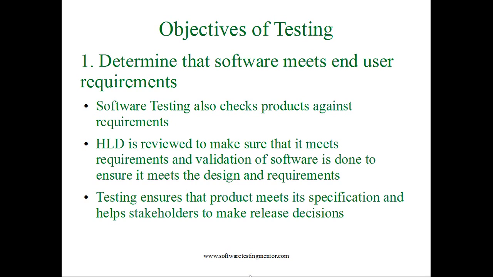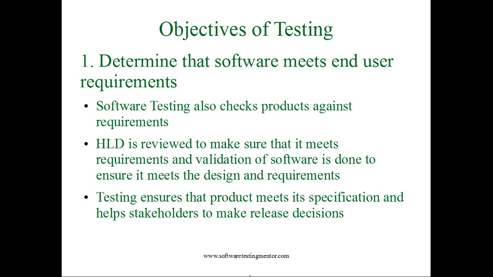So the second part of the definition is objectives. What do you want to achieve by software testing? The first thing is to determine that software meets end user requirements. You have the requirements document that comes from stakeholders or end users, and while testing you need to determine that those end user requirements are being met.